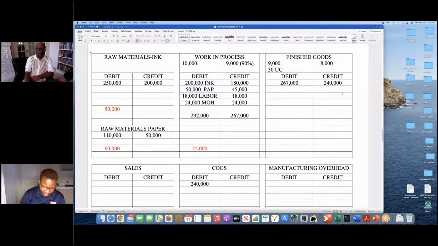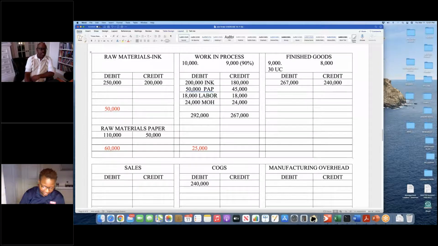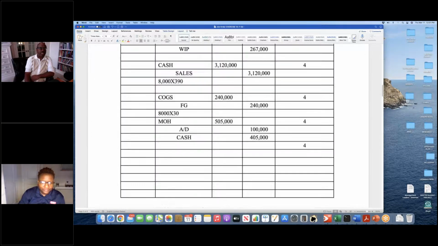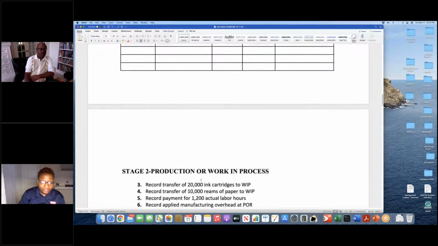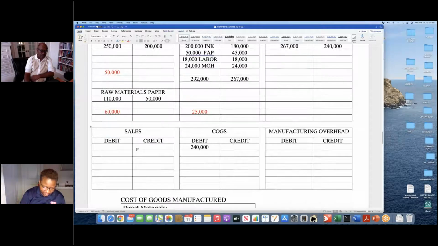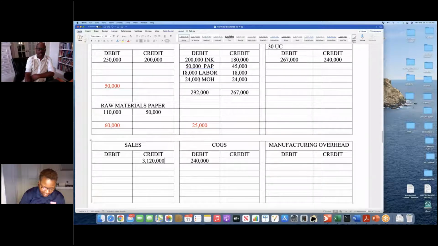Okay, so that's one posting we got to make. Then sales, how much did we have in sales? Sales were 3,120,000. Got a good business going here, 3 million. And we never did post that manufacturing overhead, which is what we estimated, 24,000.